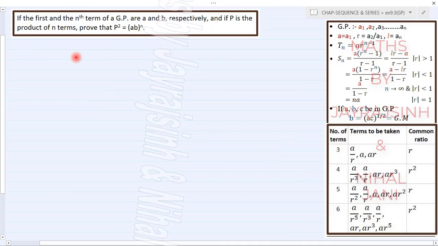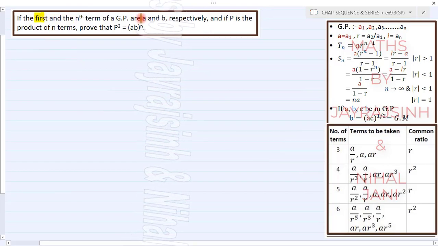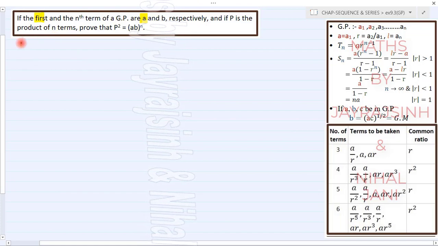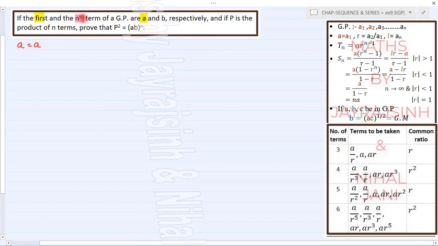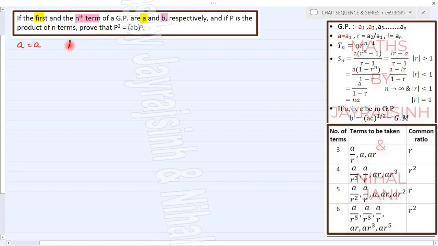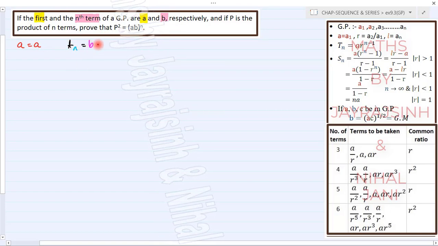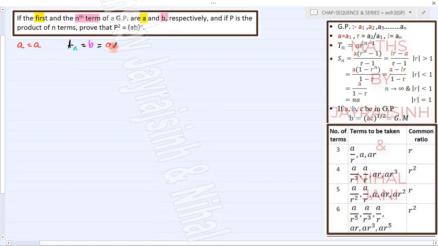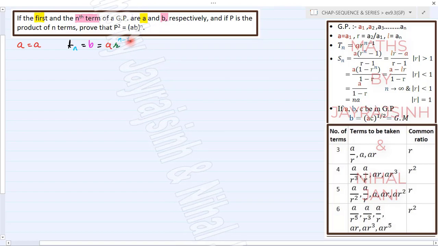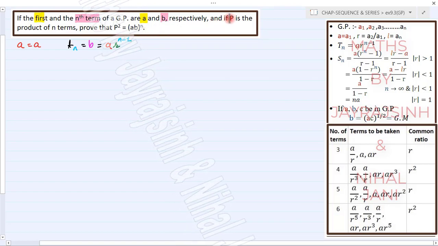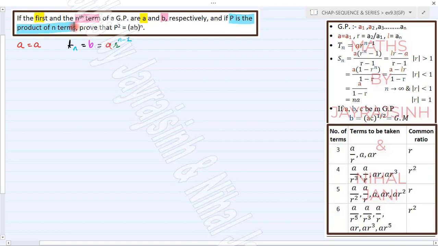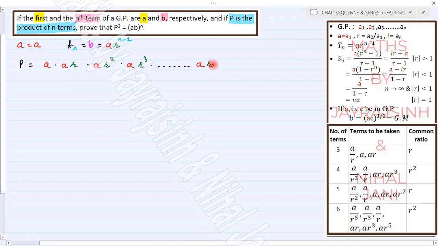In this question, it is given that the first term of GP is a and the nth term is given as b. So we can say A R raised to n minus 1 is b, and P is actually the product of n terms.